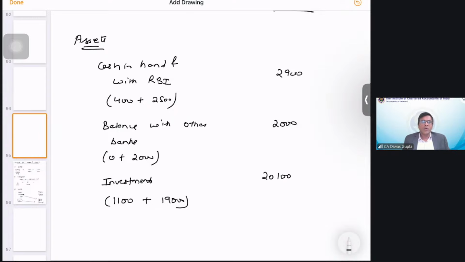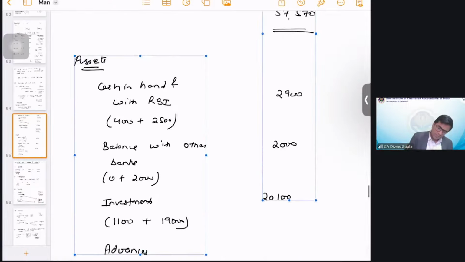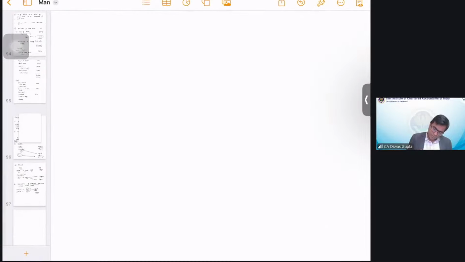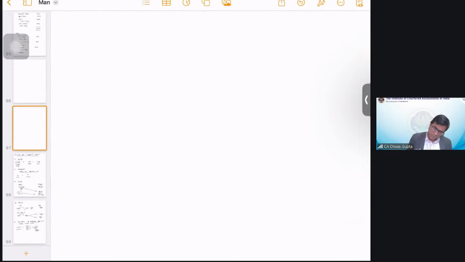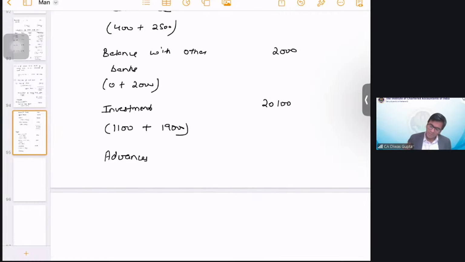These are the overall values of investments. Then comes advances.